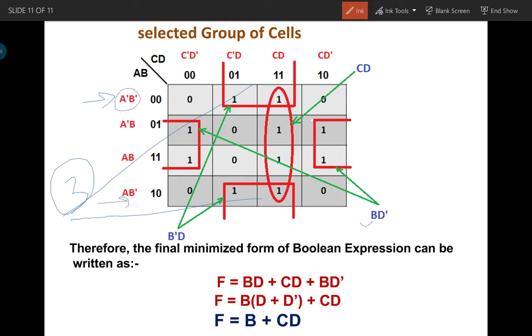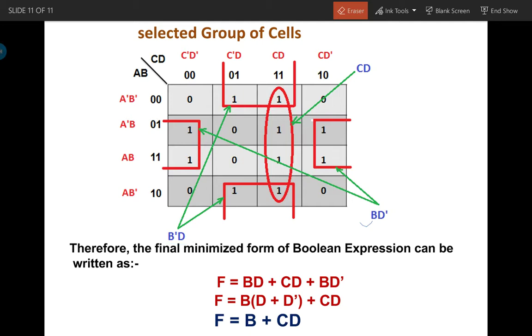So this is A bar B bar and this is A B bar. So the common is B bar. So write here B bar. On the vertical side, it covers the second and third columns. So this is C bar D and this is CD. So common is D. So write here D. So for the third group, we got the product term as B bar D. So we got the three product terms.